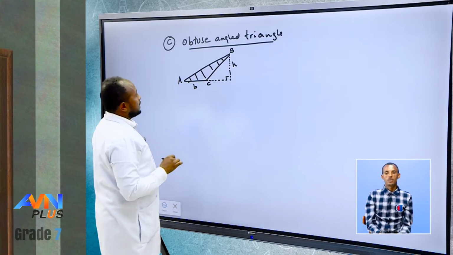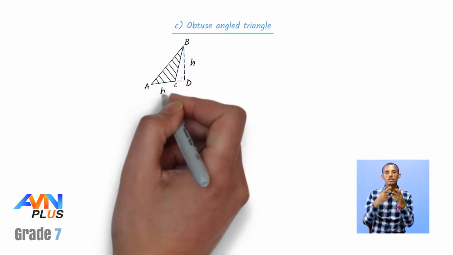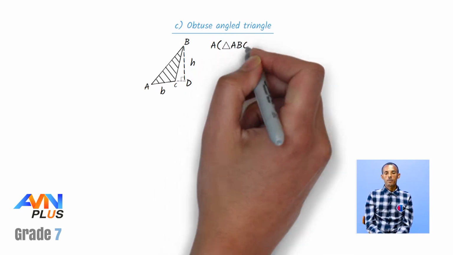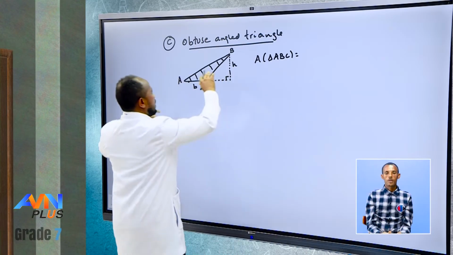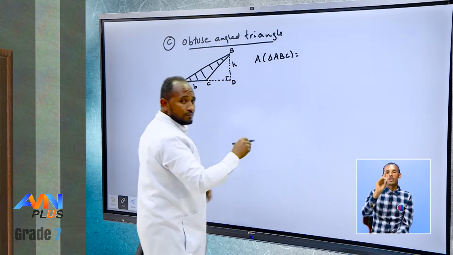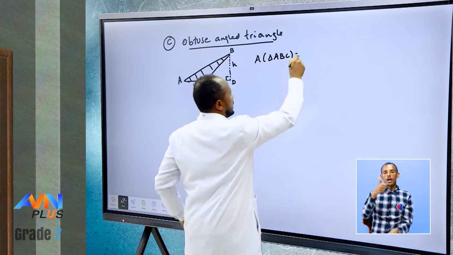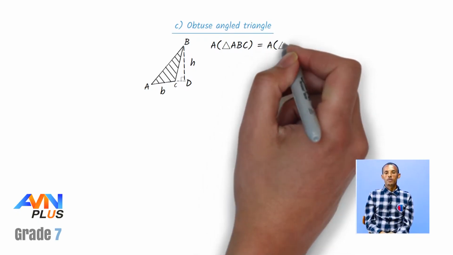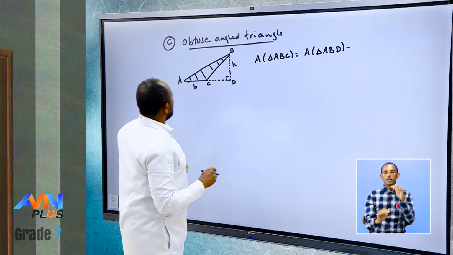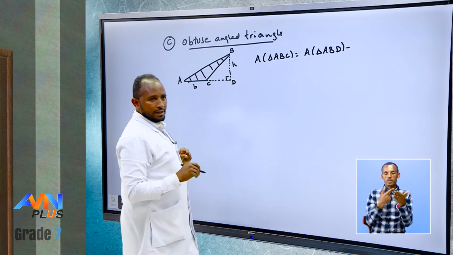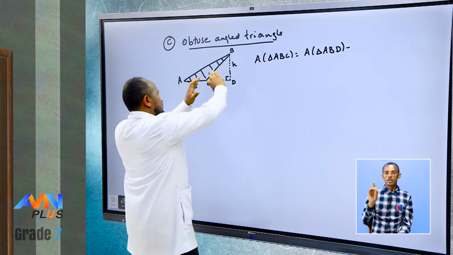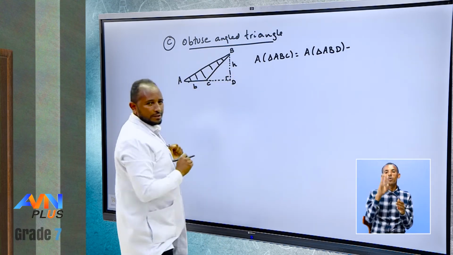To calculate the area of triangle ABC, it will be equal to the area of the total triangle. Assume this point to be D. From the bigger triangle ABD, area of triangle ABD, minus the area of this triangle BDC. From the total triangle, if you subtract this one, you will have the area of this.